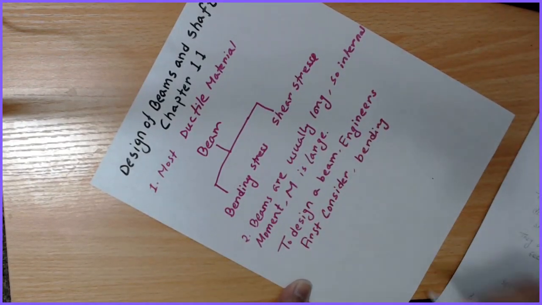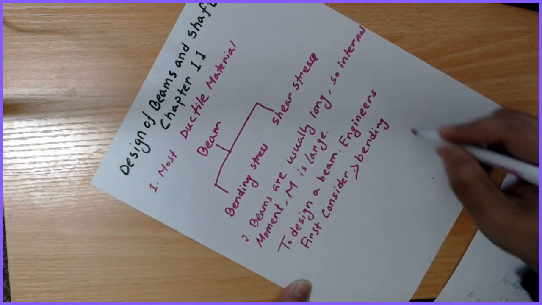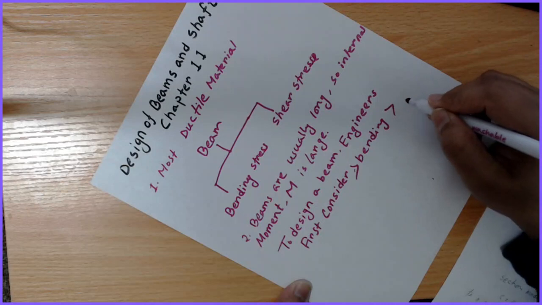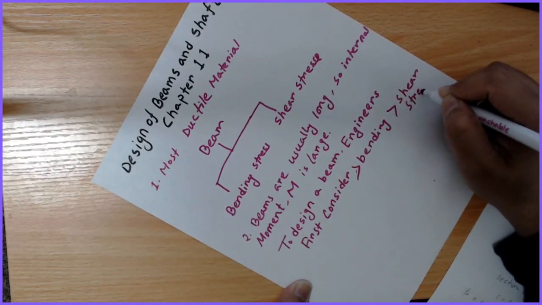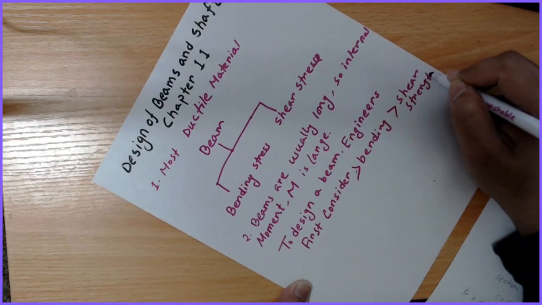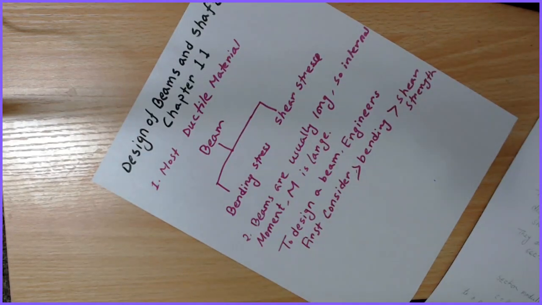Engineer first considers bending, then checks the shear strength. So we will solve a problem, then after solving that problem we will understand how this process is carried out.